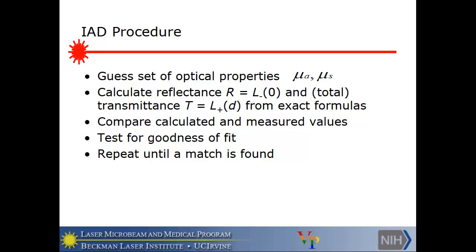So this is a little computational algorithm which moves rather quickly, and can be used to find inverses using adding doubling. And the nice thing about it is it gives the answer for transport solutions, layered transport solutions, and even index mismatched layered transport solutions.